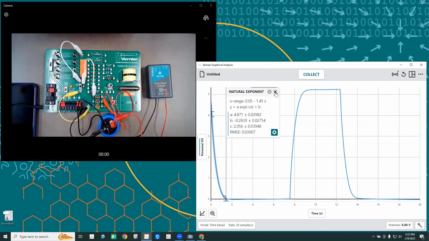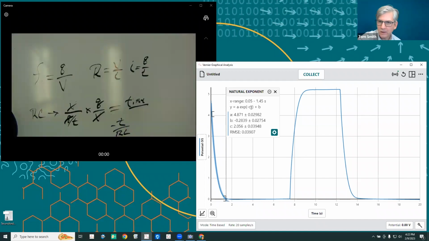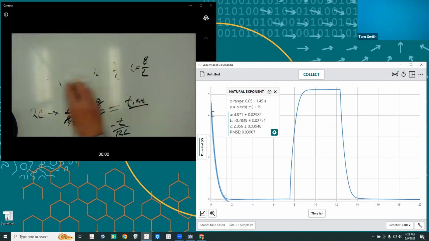Okay. Do you want to take a moment to talk about the C fitting parameter and why we might in particular look at that one? Joanna and Chad are asking about the significance of each part, but I know you're going to clue in especially on that C parameter. Right. The time constant is wrapped up in that C value that represents in the equations that I was putting up.